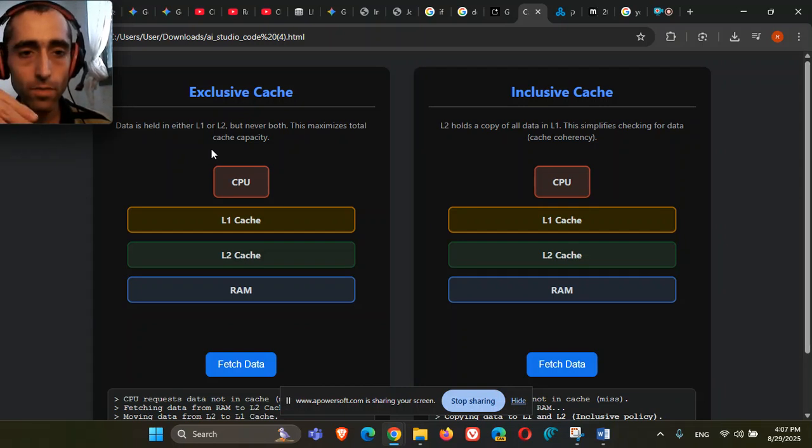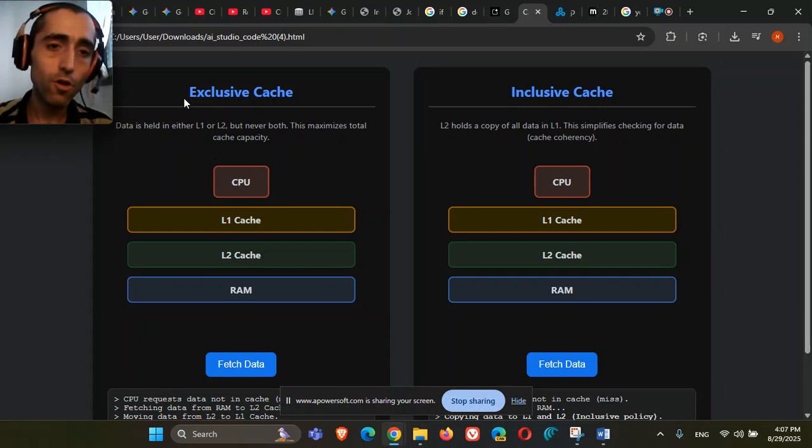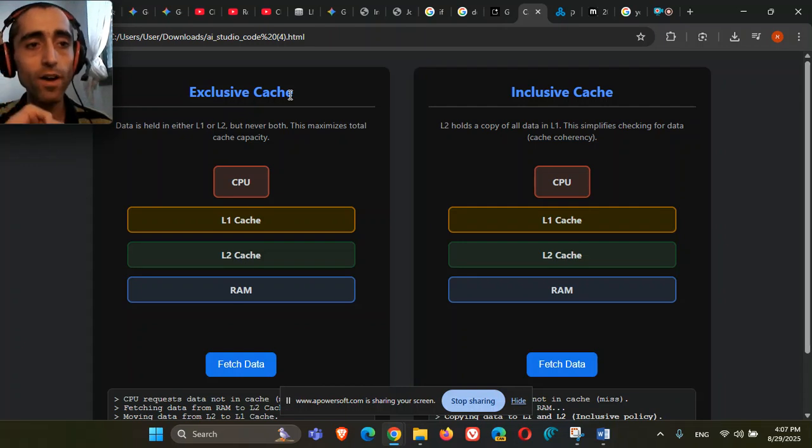Now, the exclusive cache policy says that each level of cache will have its unique data without copies, namely, all the data that is in L1 will be in L1 and in L1 only. You won't find any piece of data that is in L1 also in L2 and vice versa. So every data in every level is totally unique.